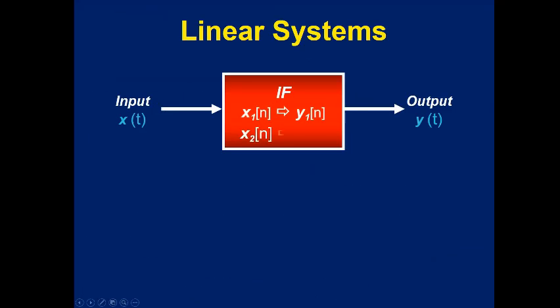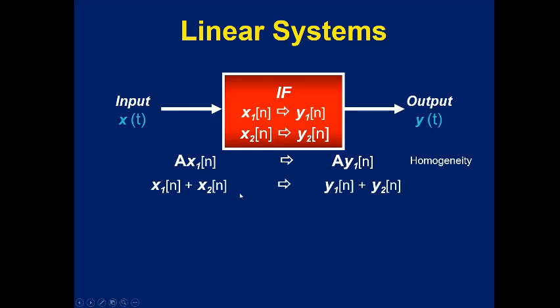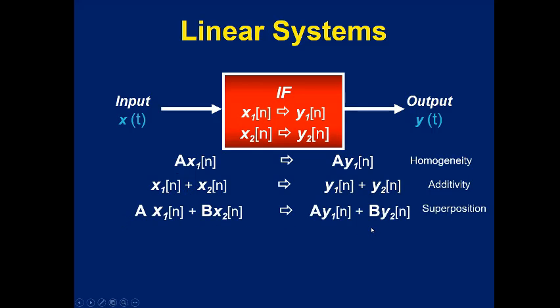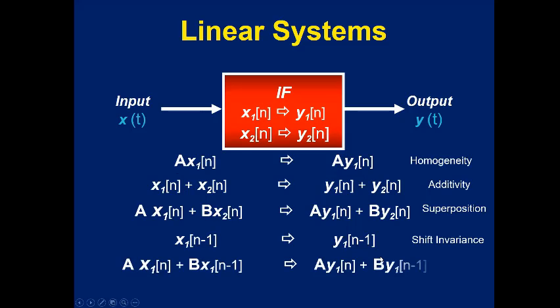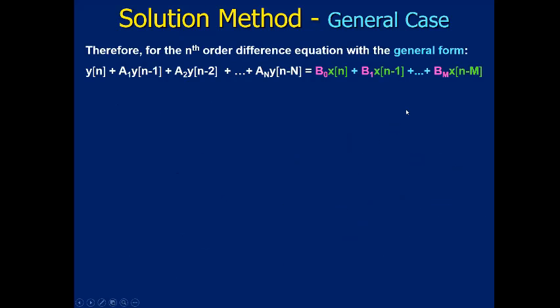And that's just using linearity, which says if you put in x1 and get y1, if I scale the input by a, I scale the response by a. If I add a bunch of inputs, I add the responses. And so superposition holds, as does time invariance. Any delay on the input creates the same delay on the output. Those are the principles that we're applying here to generalize the single input case zero state response to the general case.